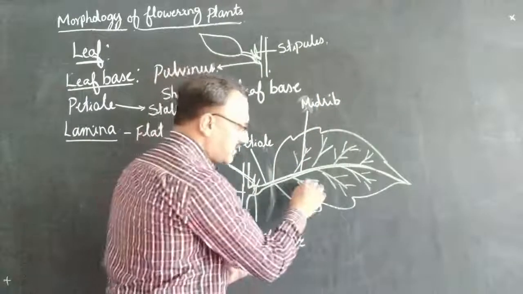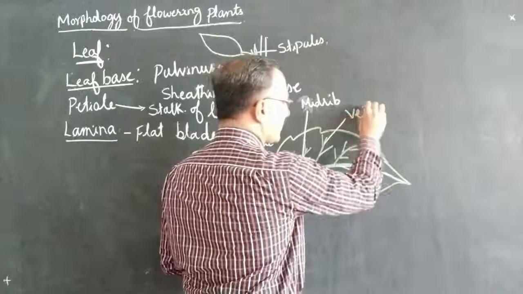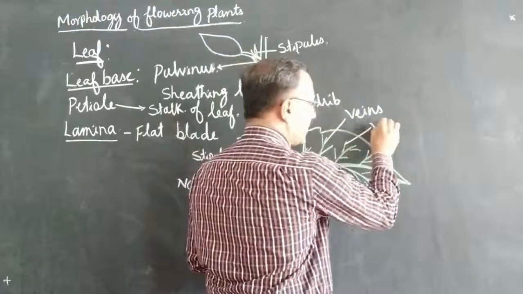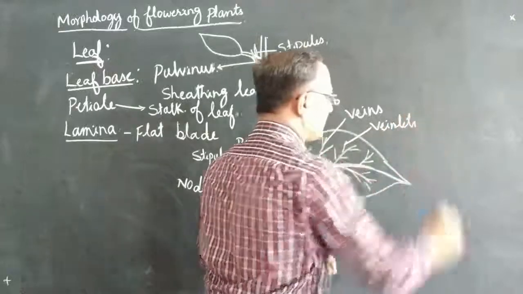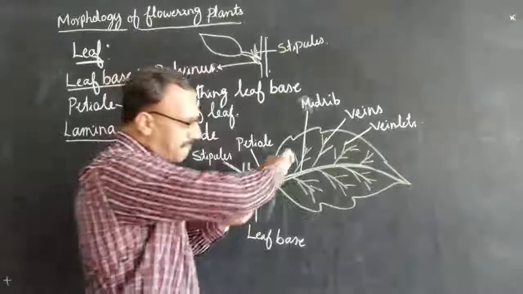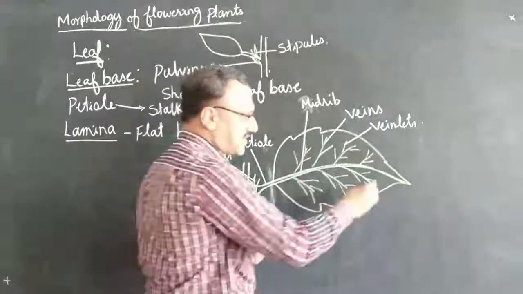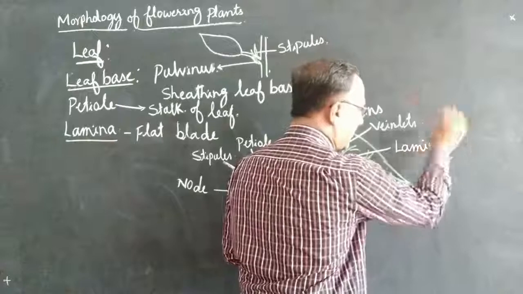Midrib bears a number of veins and also the veinlets, which form a network of veins in the leaf, and the flat blade-like structure is called lamina.